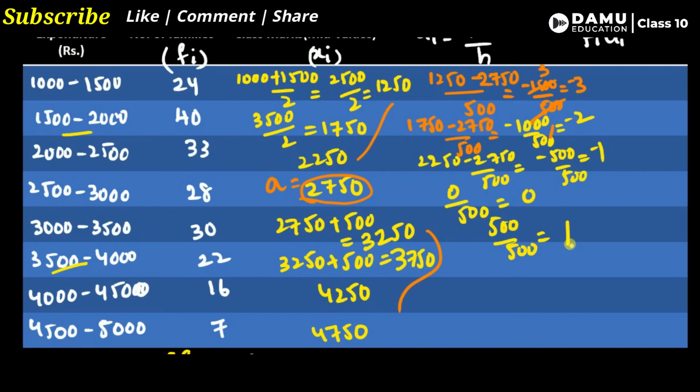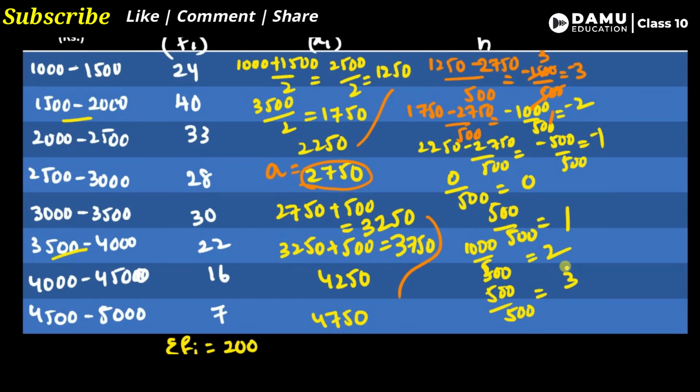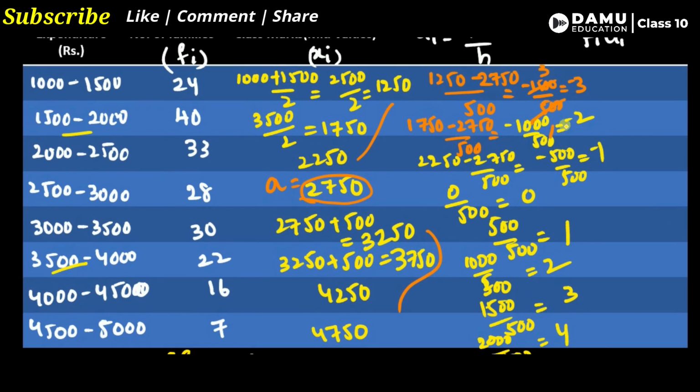Then 3750 minus 2750 is 1000 by 500, that is 2. Then 1500 by 500 gives 3. Finally 4750 minus 2750 is 2000 by 500, giving 4. So these are the deviation values.